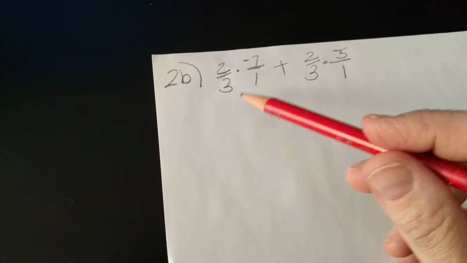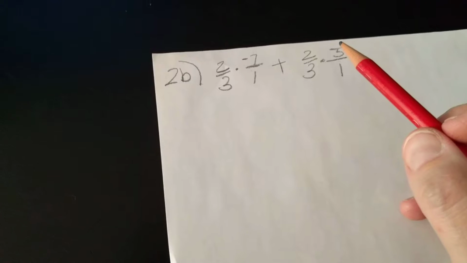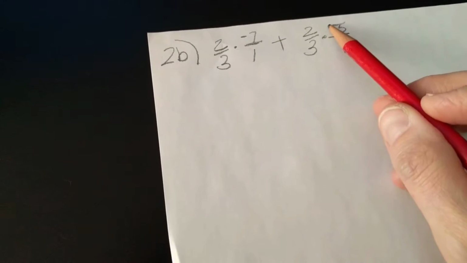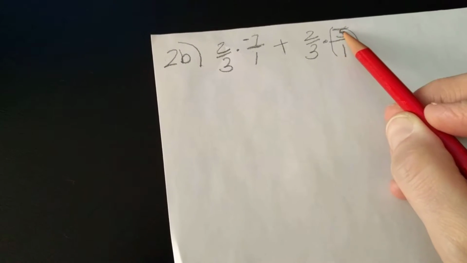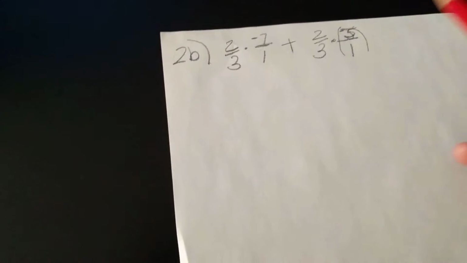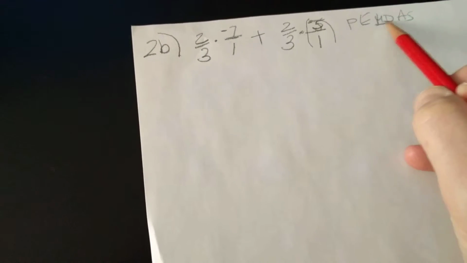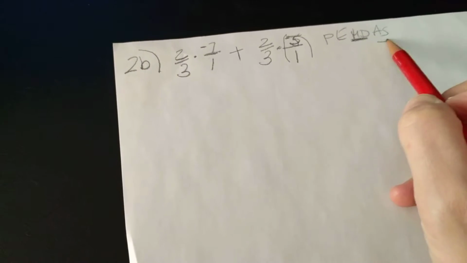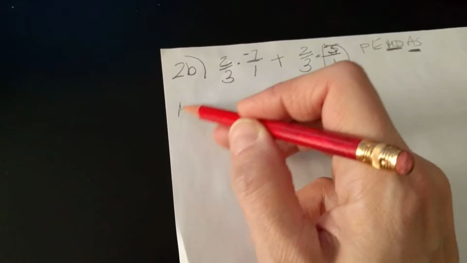So just a quick reminder, I see times, plus, times. You want to make sure that you're using PEMDAS, order of operations, that you multiply before you add the two answers together. Because in PEMDAS, please excuse my dear Aunt Sally, we multiply and divide before we add or subtract. So we're going to do this two ways again.